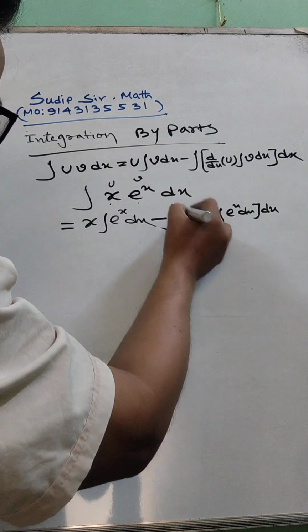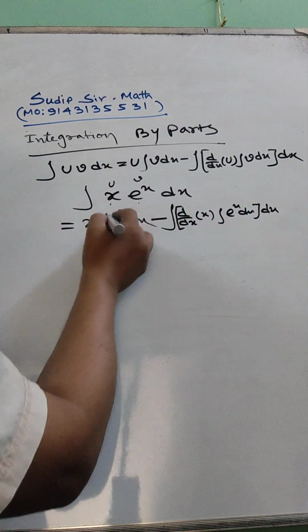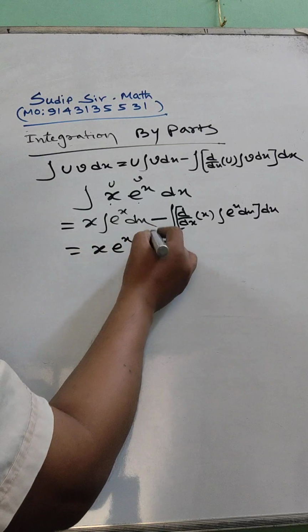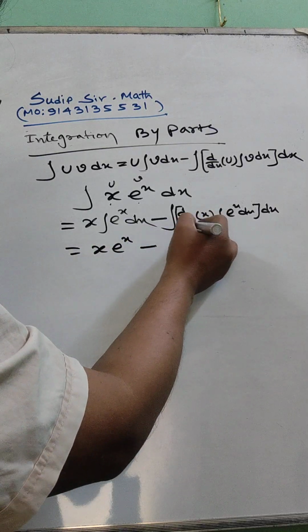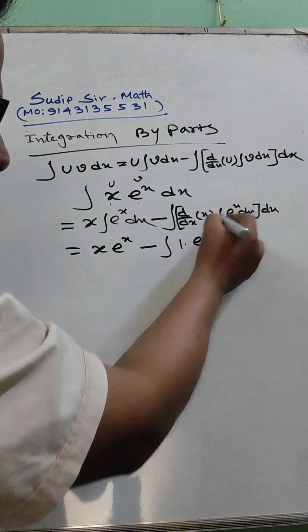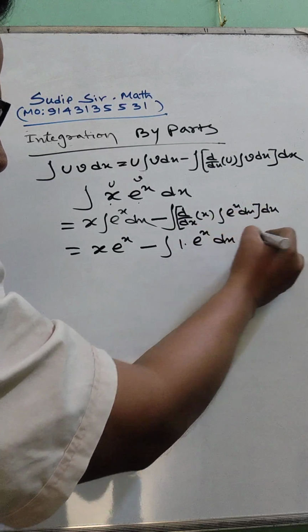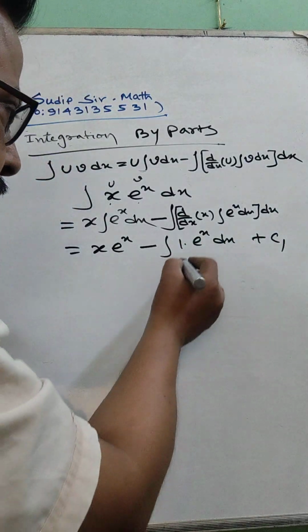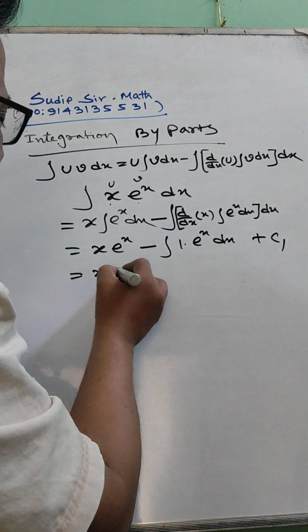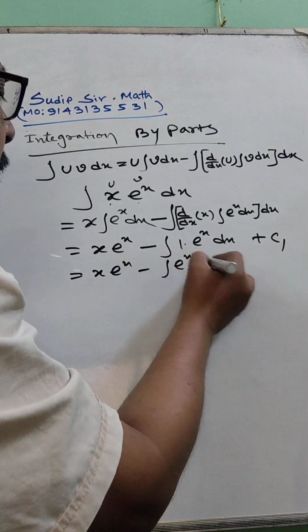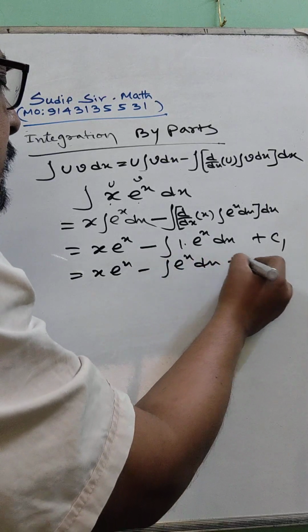Now integration of e to the power x is e to the power x only. So x e to the power x minus d/dx of x, which is 1, into e to the power x, integration dx, and take c1. Then x e to the power x minus integration of e to the power x dx plus c1.